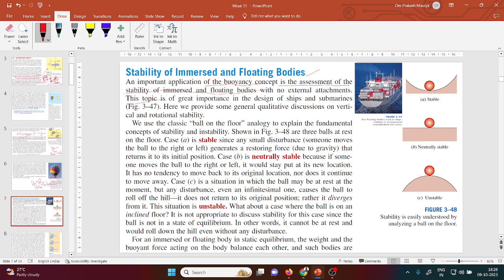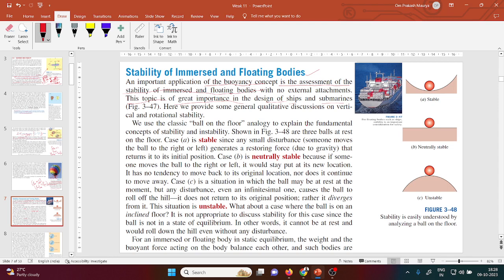This topic is of great importance for the design of ships and submarines. The figure is given here, you just see the ship and lots of weight on the ship, but even if the weight is very high, it is capable of floating on the surface.